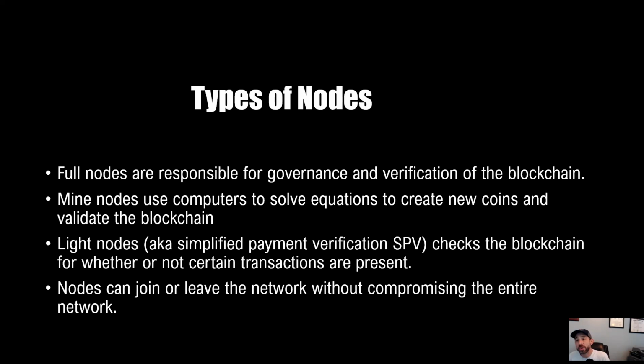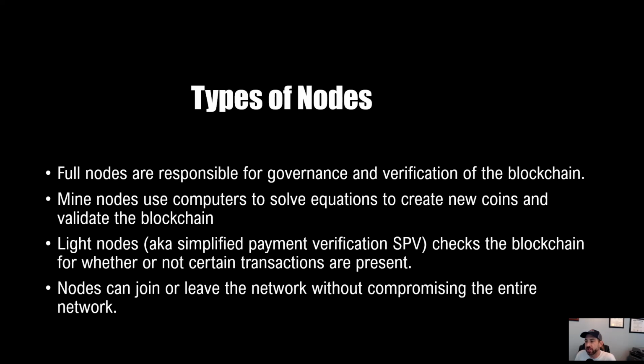All right, so we talked about nodes many times at this point, and there are three different types of nodes. There are full nodes, and they're responsible for governance and verification of the blockchain. There are mine nodes, which use computers to solve the equations to create new coins and validate the blockchains. Those are the miners, right? And there are light nodes, also known as simplified payment verification, or SPV.